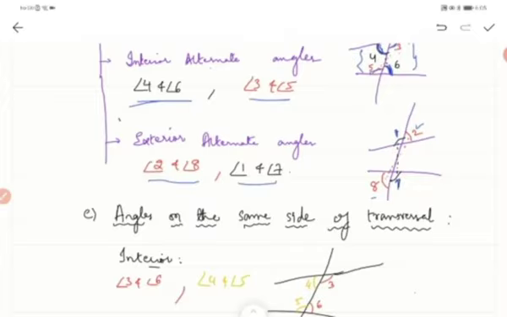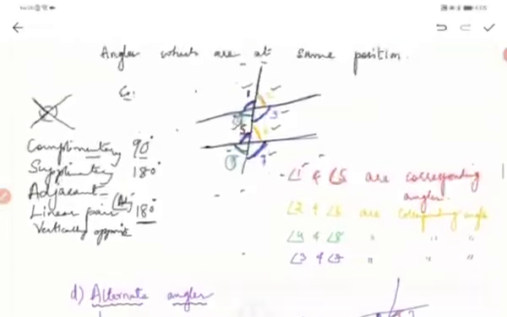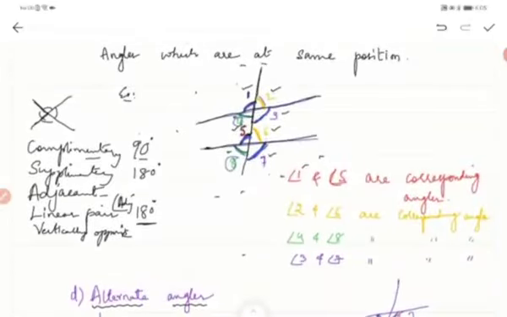Alternate, or you can say opposite. You will not say vertically opposite, but you will just call it alternate angle. Vertically opposite will be what? Here, 2 and 4 are vertically opposite, 1 and 3 are vertically opposite, 5 and 7 are vertically opposite, 6 and 8 are vertically opposite.